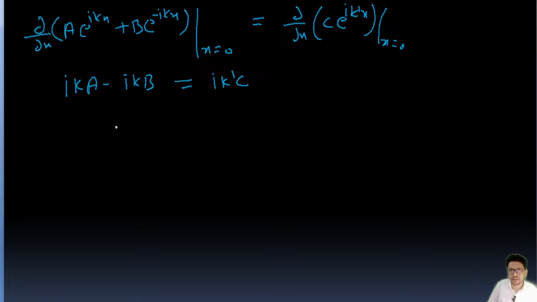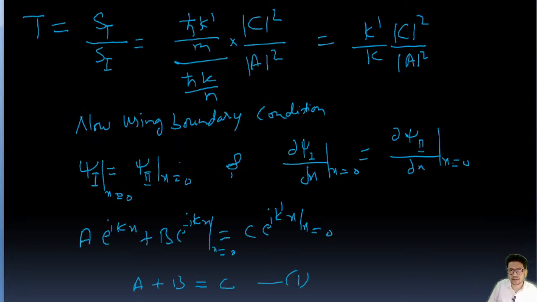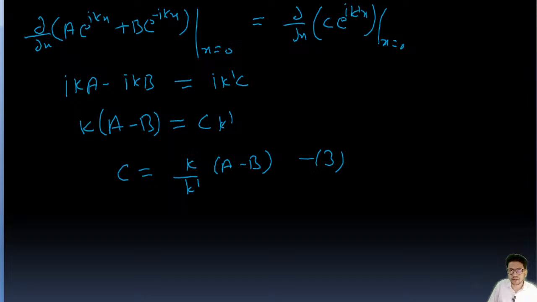So from here iota gets cancelled, and with k common on one side and k dash on the other, the value of c is going to be k upon k dash times a minus b. This is equation number 2, and the earlier one is equation number 1.